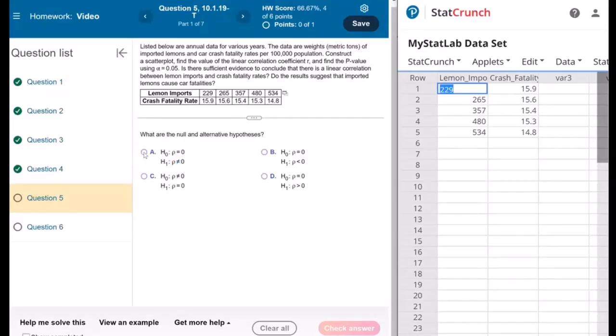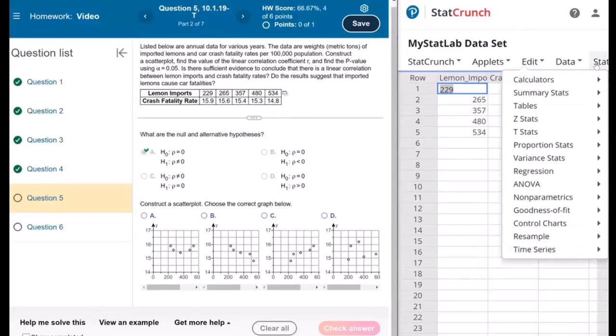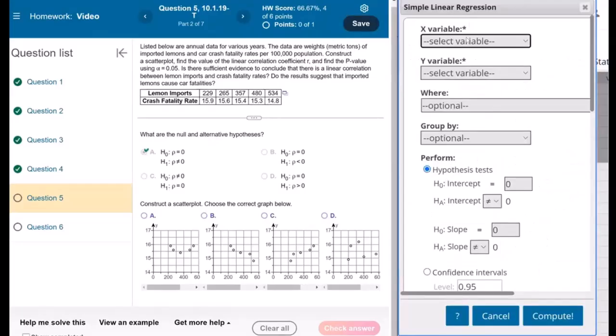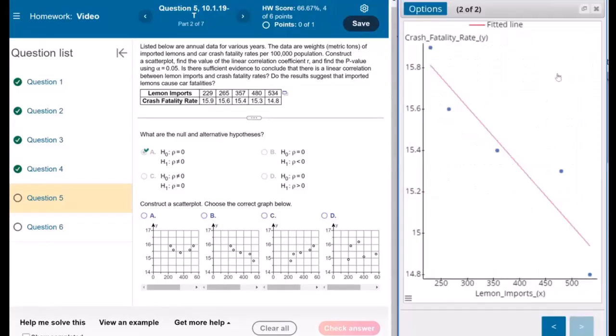And the alternative is always going to be rho does not equal 0. This is always going to be a two-tailed test. Now, when they want the scatter plot, we can go to stat, regression, simple linear. We'll grab those values, compute, and let's go to our graph.